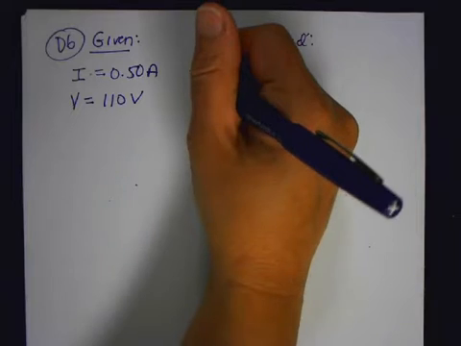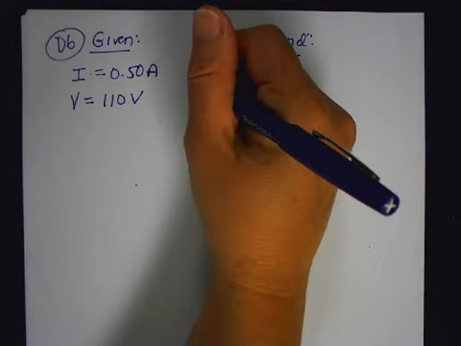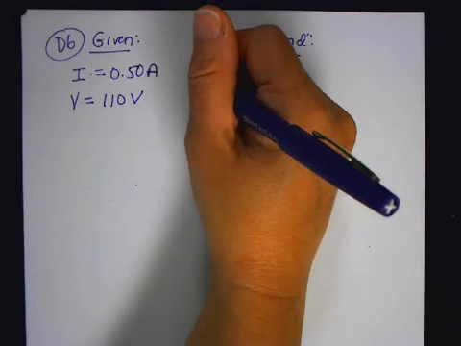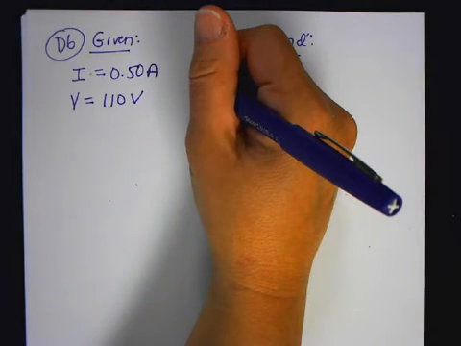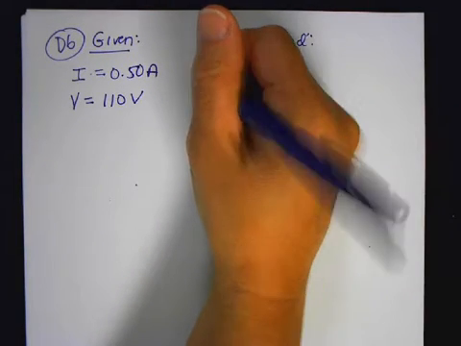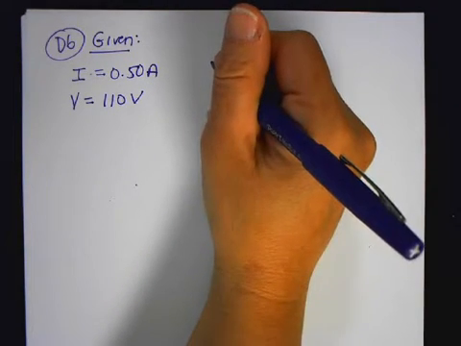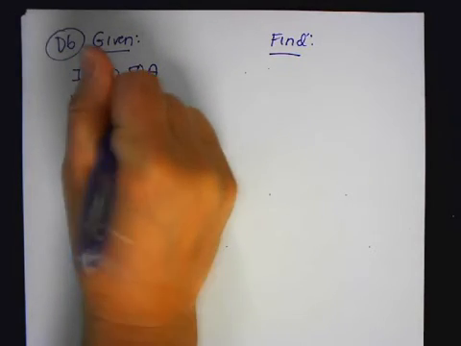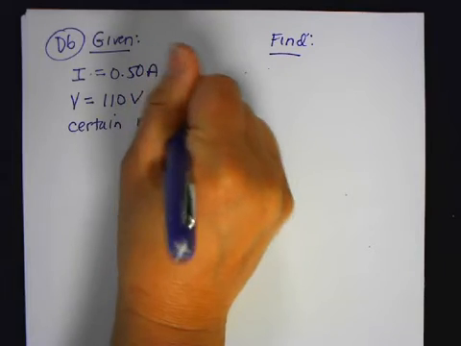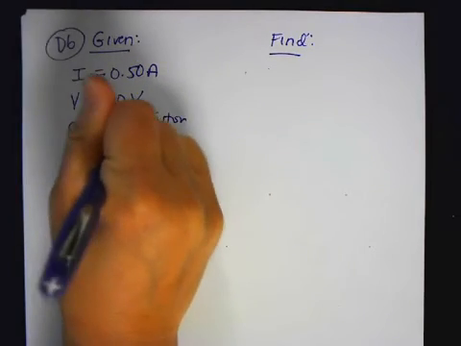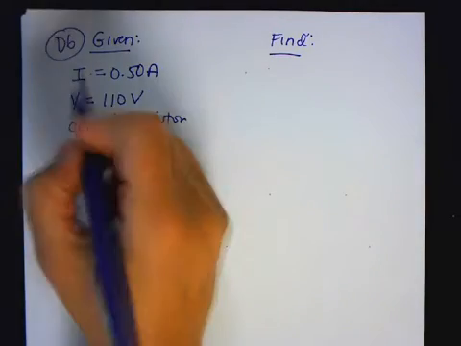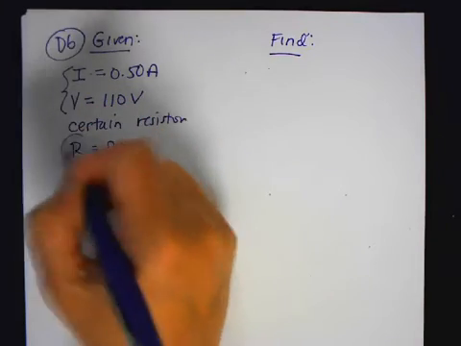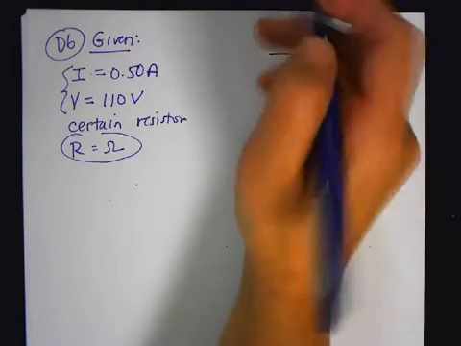So first of all, we have to find R. So R is going to be the same because it says a certain resistor. So it's kind of confusing. So the certain resistor is going to have a certain R. So first I have to use this information here to find R. So what I'm going to do first is I'm going to use Ohm's law.